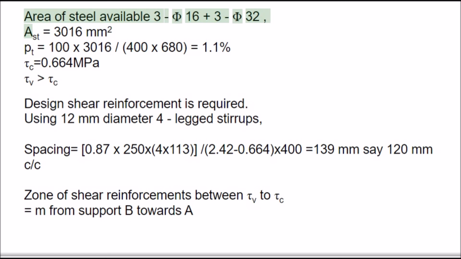Area of steel available, 3 phi 16 plus 3 phi 32, Ast equals 3016 mm². pt equals 100 x 3016/(400 x 680) equals 1.1%.